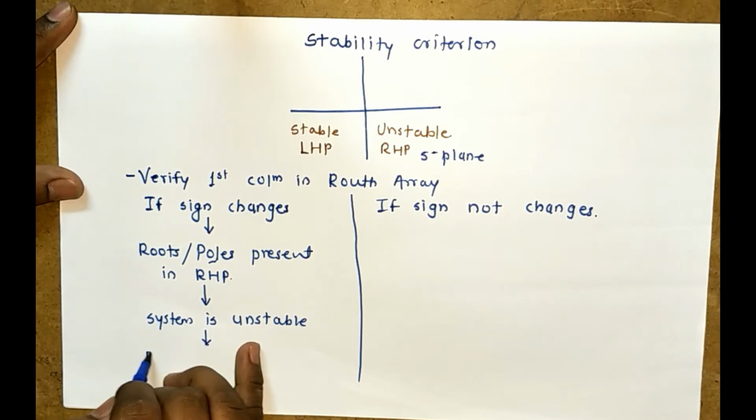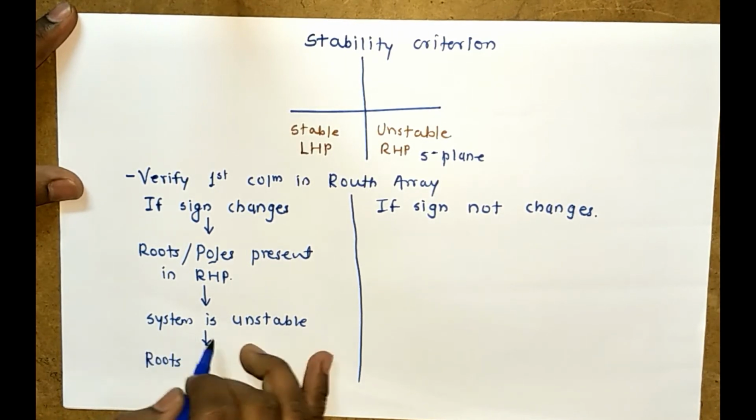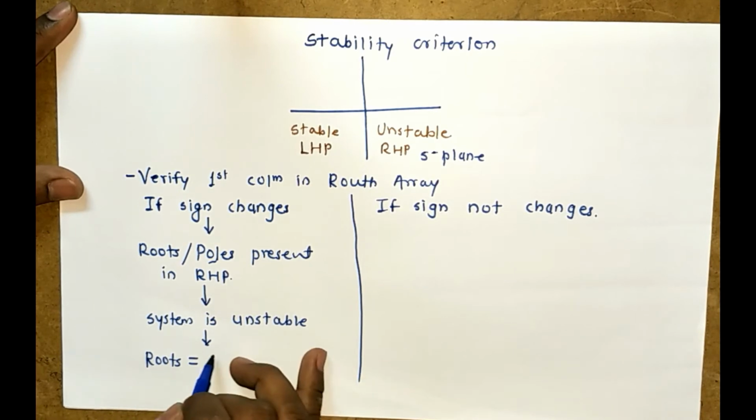The number of roots in the right half plane is equal to the number of times the sign changes.